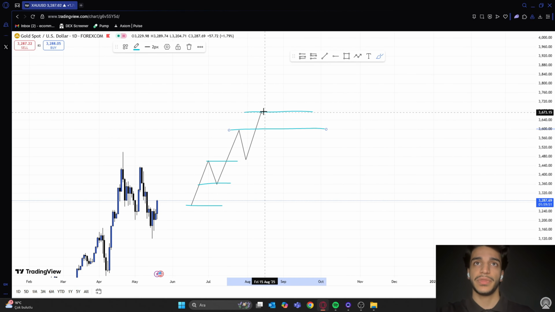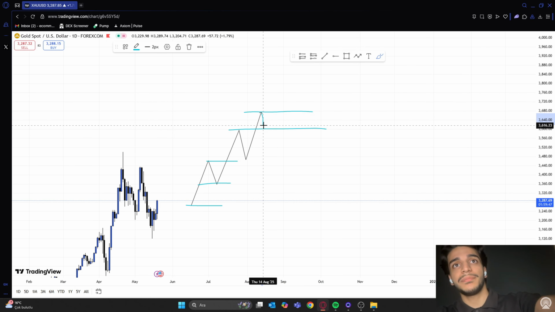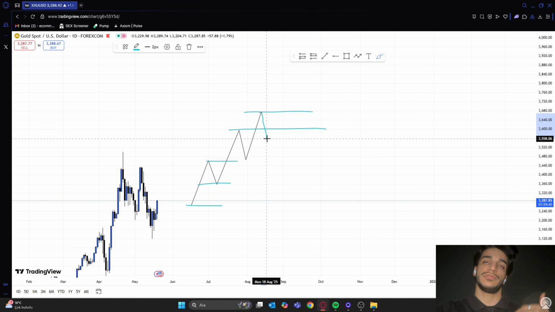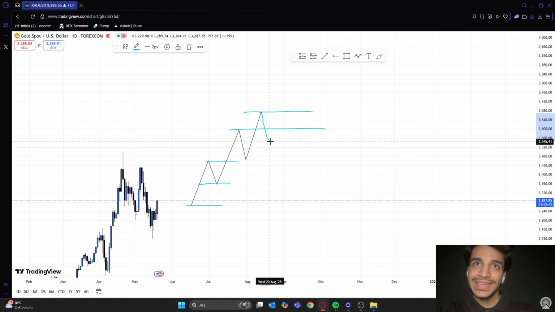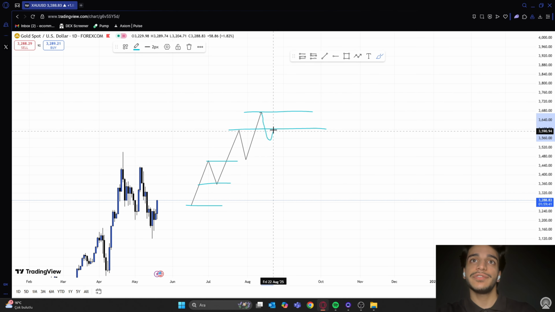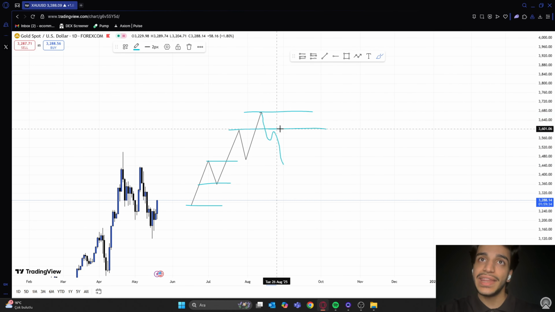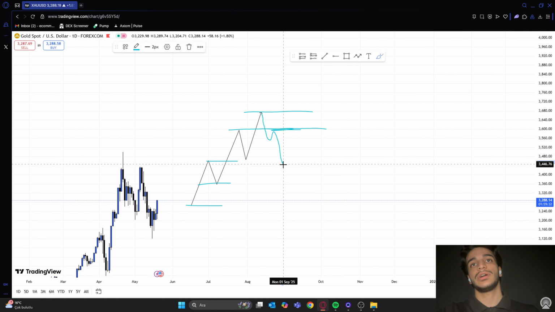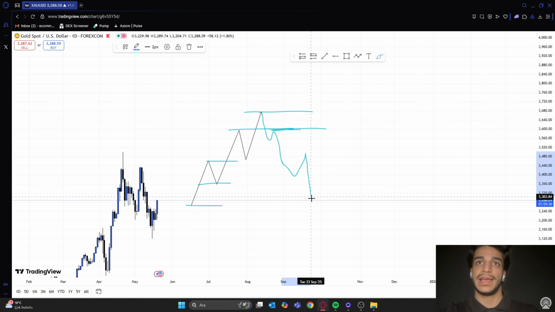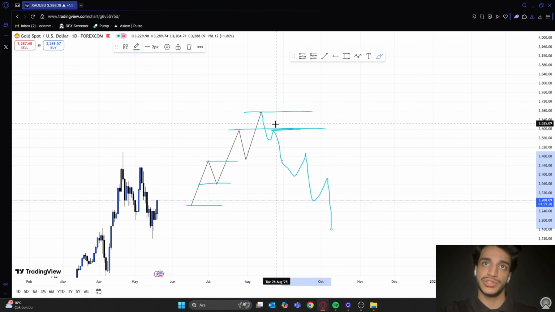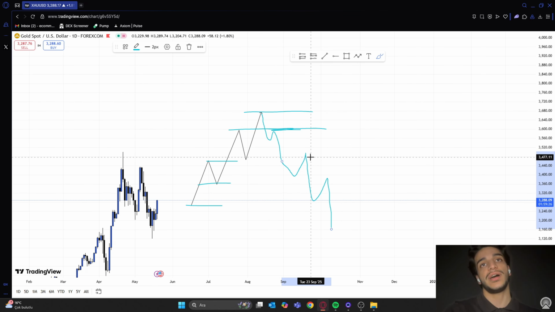What's the break of structure? If it comes below this floor, we can wait for a retest of the floor area. If it retests this area, this is now our roof, and we will go short. Now we broke the structure, and now we are going downside.